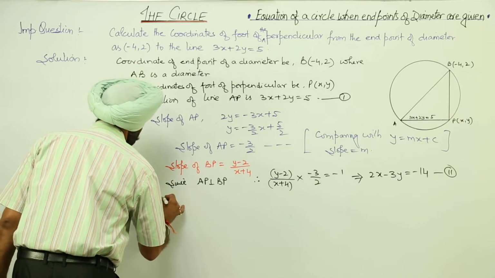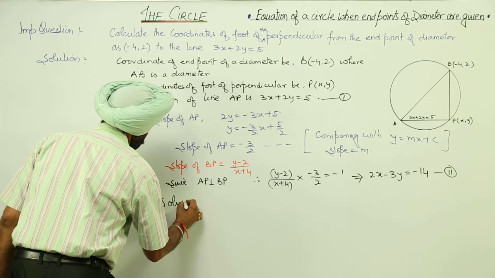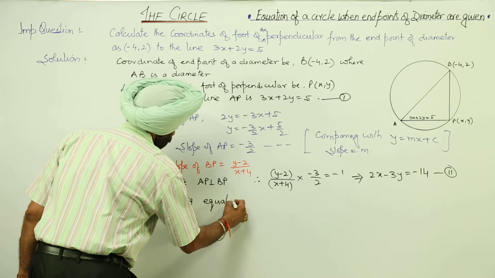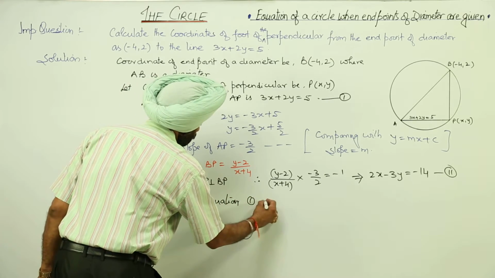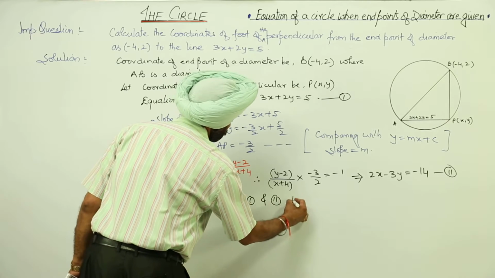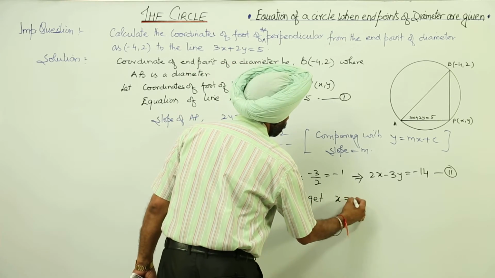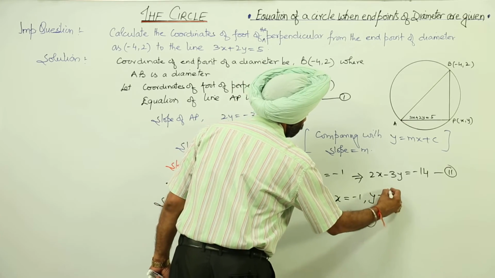Now, solving equations 1 and 2, we get x = -1 and y = 4.